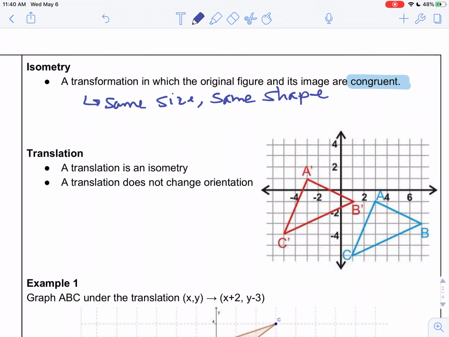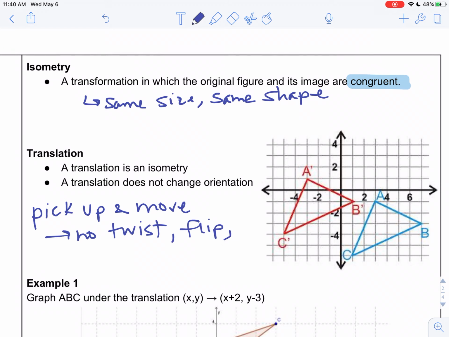Okay, so a translation, our focus of today, is an isometry, which means it's going to be same size, same shape, and it does not change orientation. In other words, we are going to pick up and move it. We're not going to twist it. We're not going to flip it. We're not going to turn it.